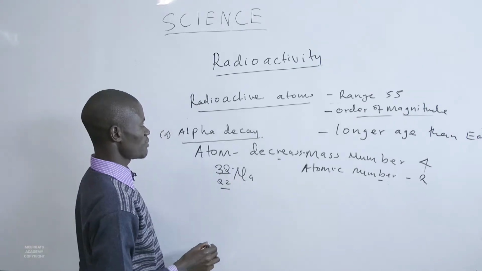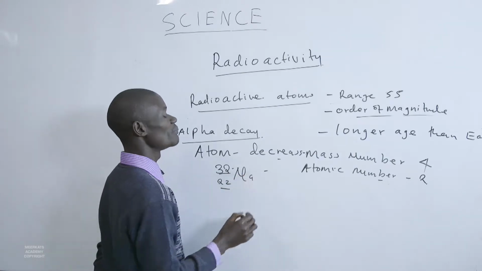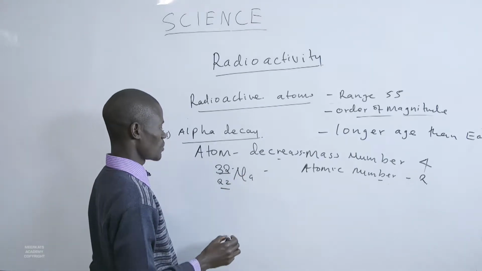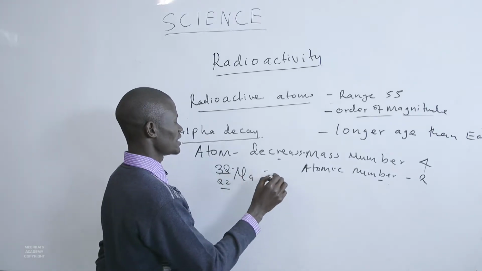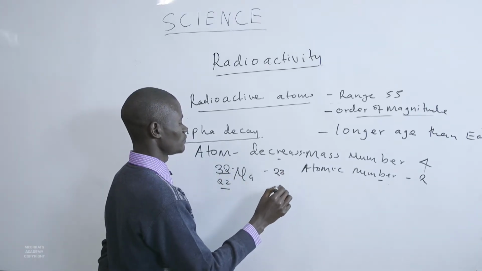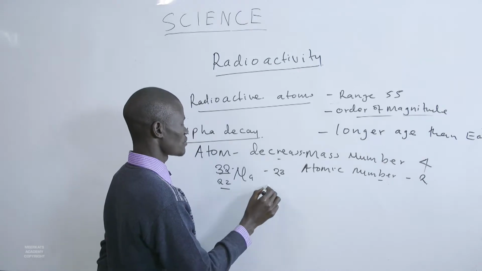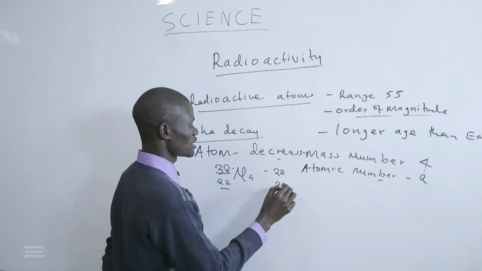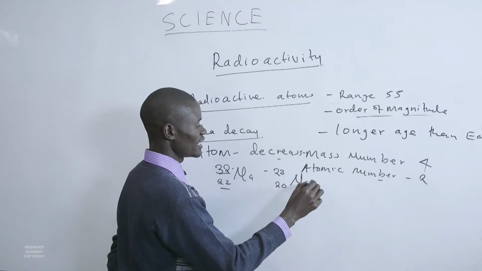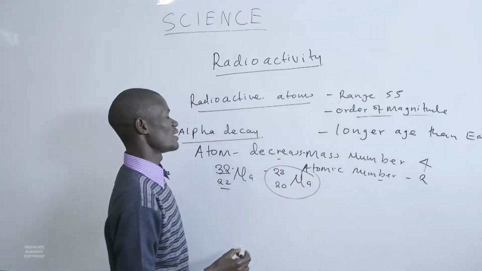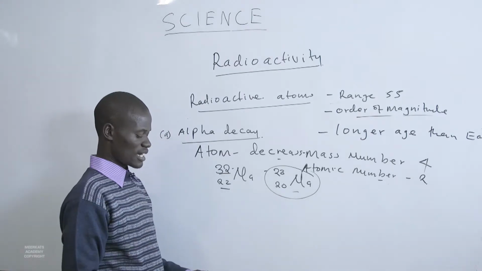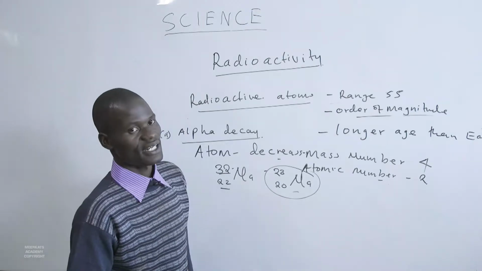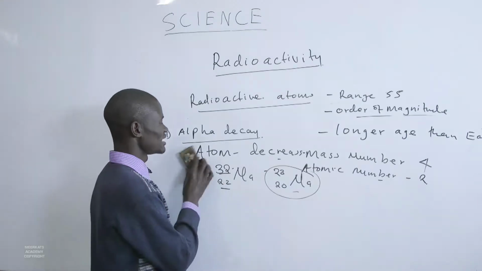When we subtract 4 from the mass number, we have 28, and reducing the atomic number by 2 becomes 20. Therefore, we have a new atom. It has decreased, and this is what we say: it has undergone decay.